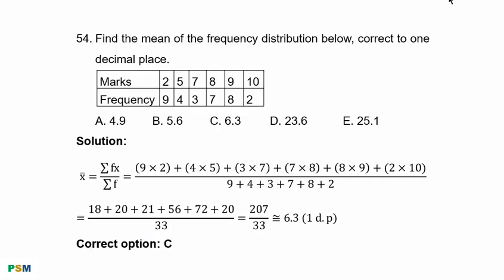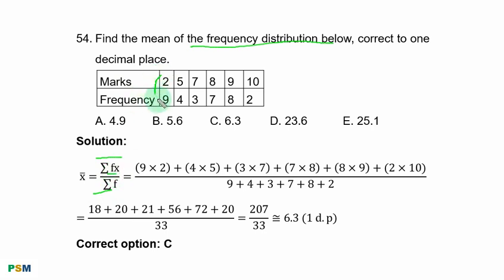Question 54. Find the mean of the frequency distribution below correct to 1 decimal place. Solution. Mean is given as summation fx over summation f. The marks represent x, frequency f. fx means f times x.